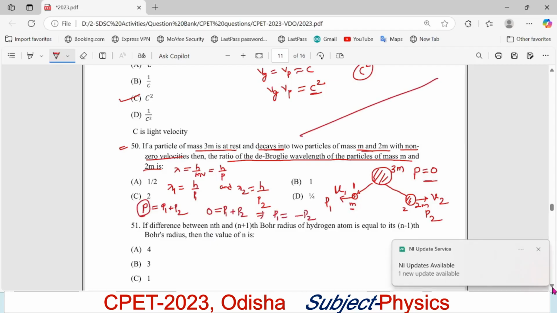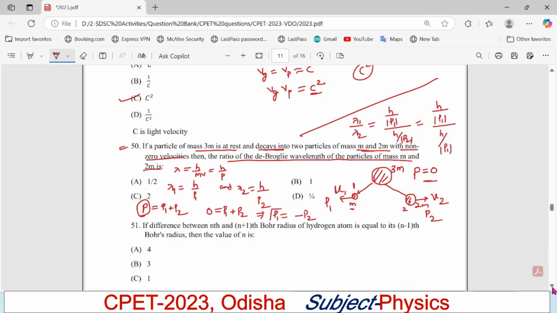So for lambda 1 by lambda 2, I consider h by the modulus of P1 and h by the modulus of P2. Since P1 equals minus P2, the moduli are equal, so both get cancelled.